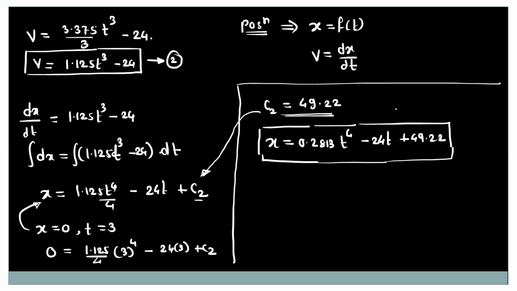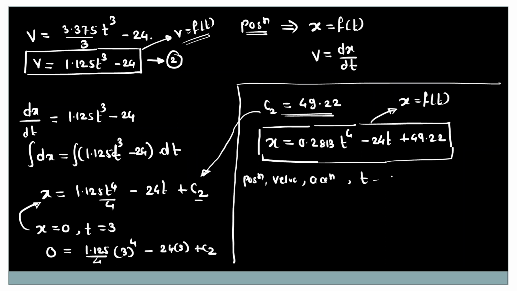So this equation represents x as a function of time, and this equation represents velocity as a function of time. Okay. Now refer the last line from the given question. We have to find out position, velocity, and the acceleration when time t is equal to 2 seconds. Okay.